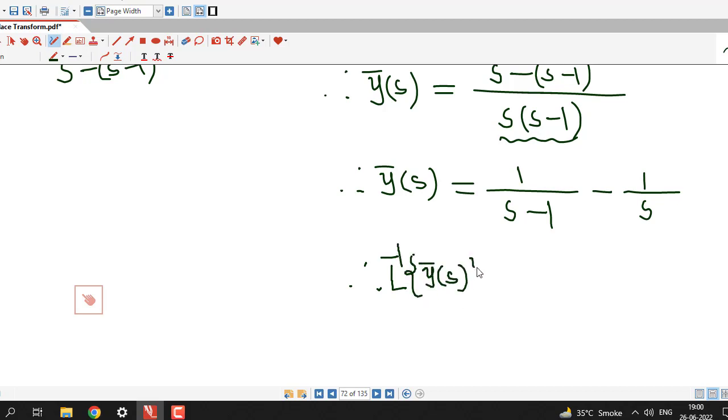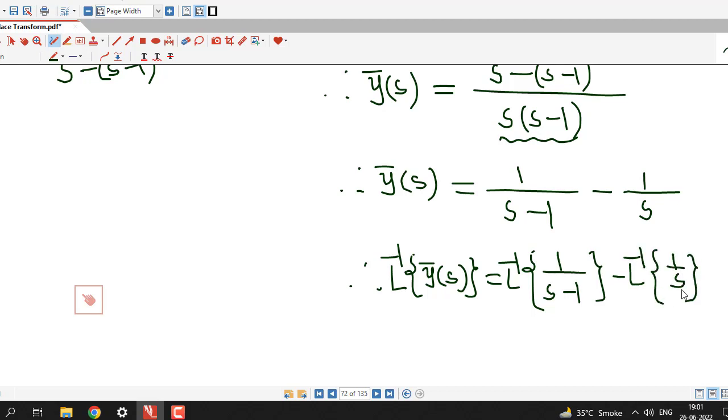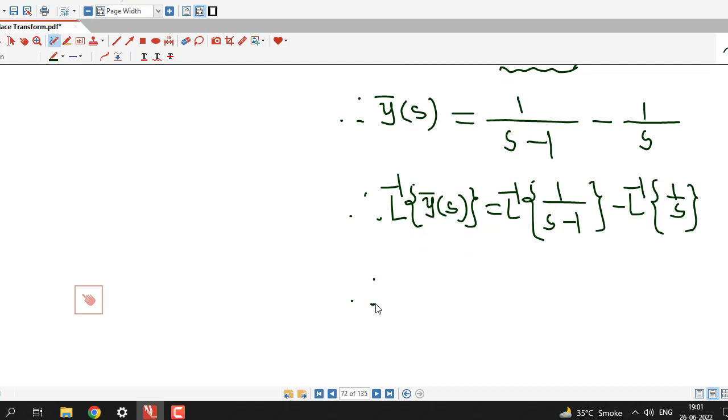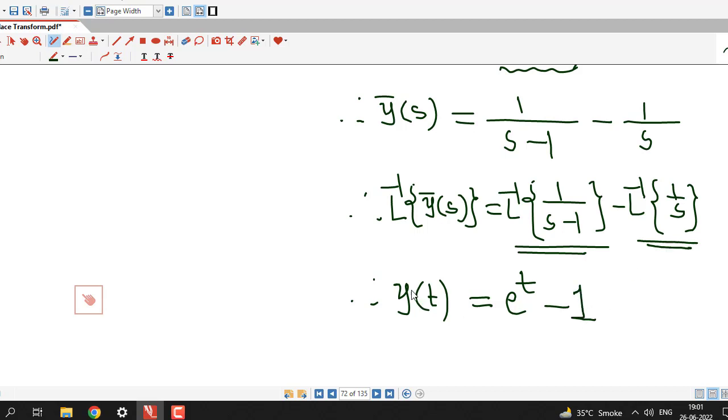Now we take the inverse Laplace transform on both sides. The inverse Laplace transform of y bar s equals the inverse Laplace transform of 1 by (s minus 1) minus the inverse Laplace transform of 1 by s. The inverse Laplace transform of y bar s is y of t. The inverse Laplace transform of 1 by (s minus 1) is e^t, and the inverse Laplace transform of 1 by s is 1.